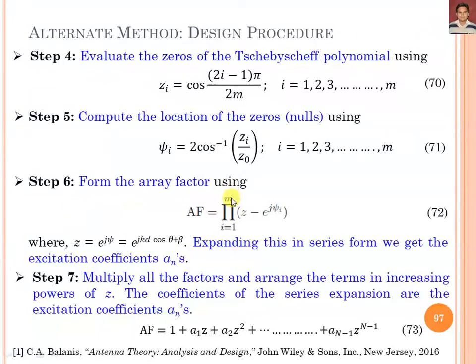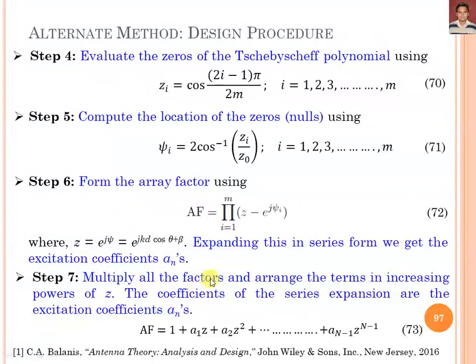Suppose m is equal to 3, in that case we take 1, 2, 3, so we have 3 multiplications. Then we have to expand this series, and we will get the excitation coefficients an, where z is equal to e to the power j psi, and psi is equal to kd cos theta plus beta, which can be calculated using this expression, as we have discussed in lecture 2 of this antenna series.